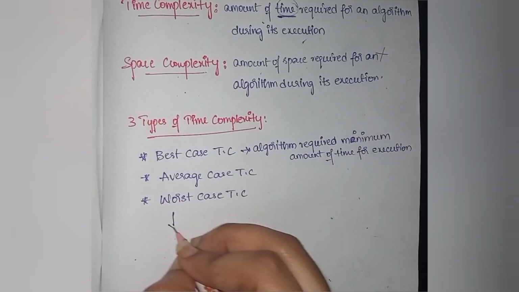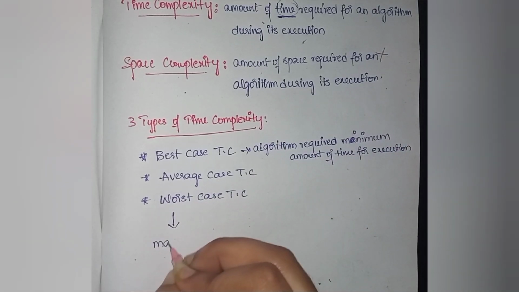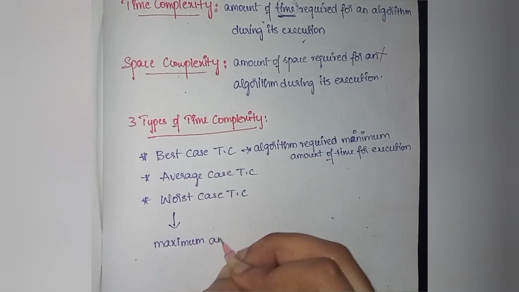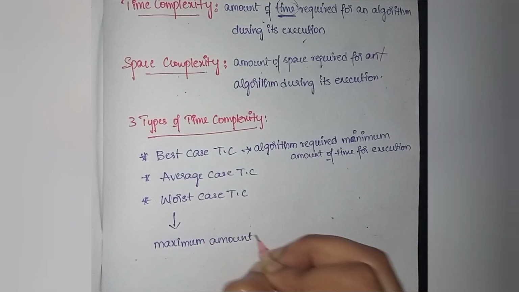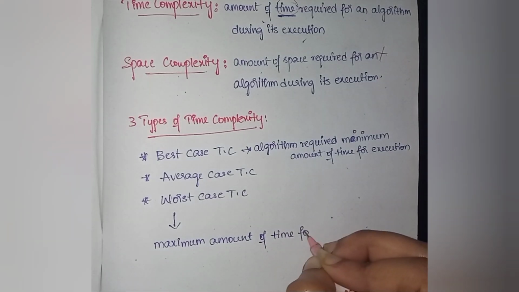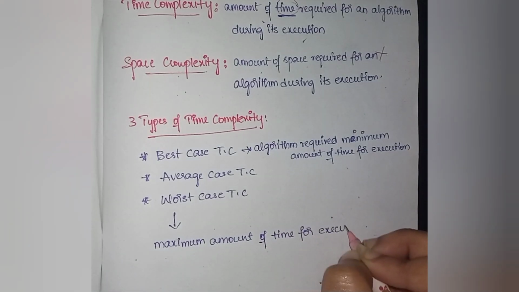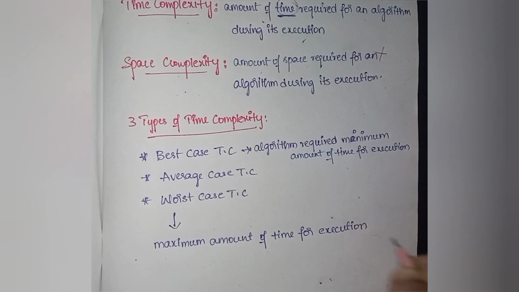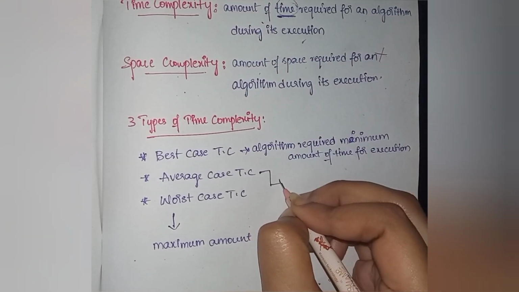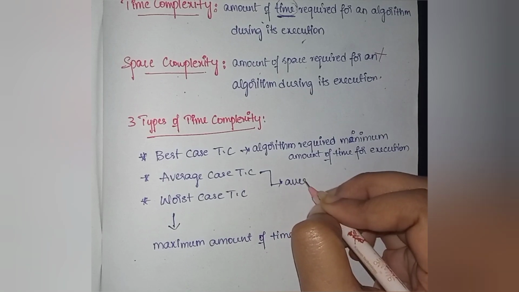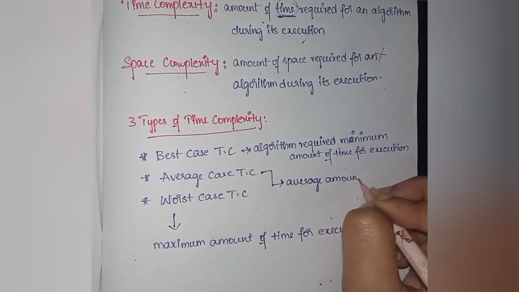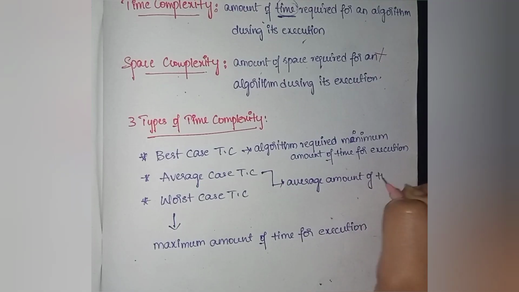Worst case means, if it requires maximum amount of time for execution. And your average case time complexity is nothing but if it requires average amount of time for execution.